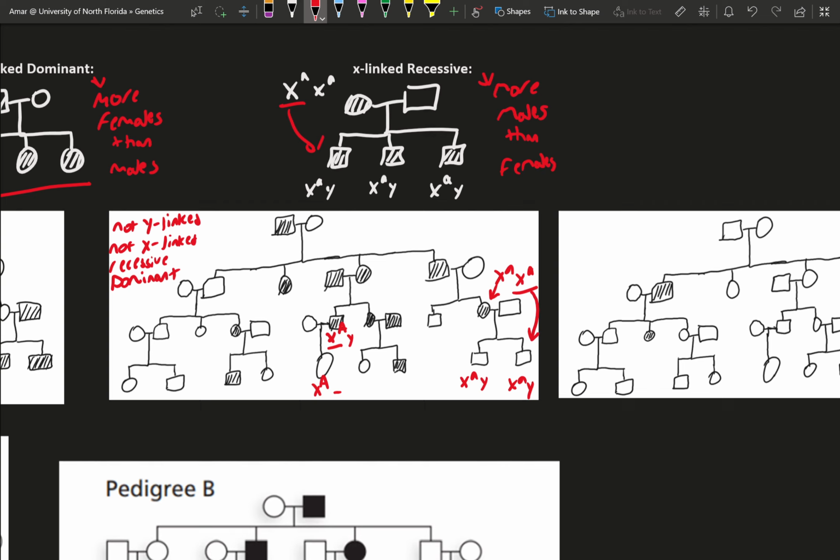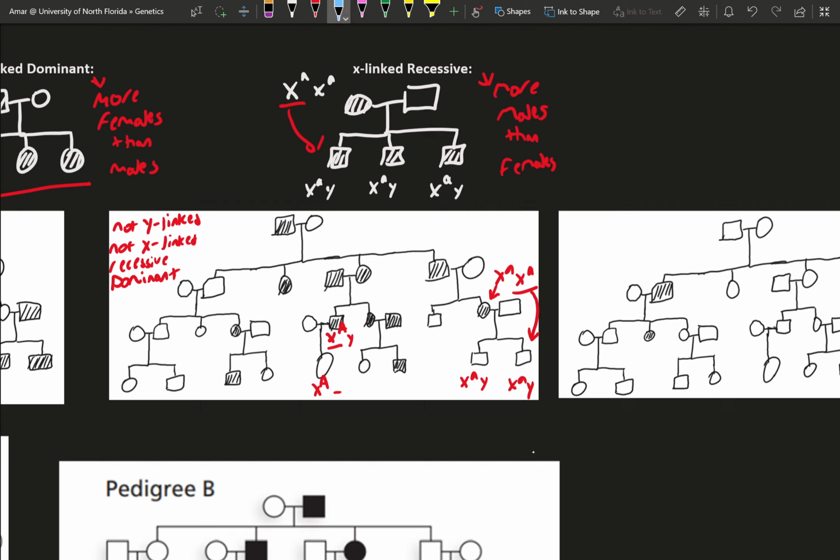Now it's basically us trying to figure out if it's an autosomal recessive or an autosomal dominant gene. Another thing that you can do before we even begin with anything else is count the male to female ratio.